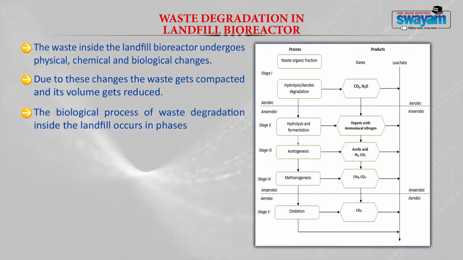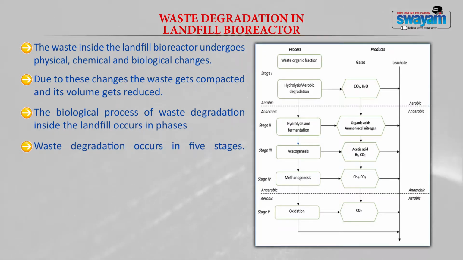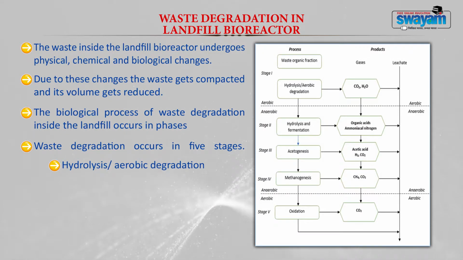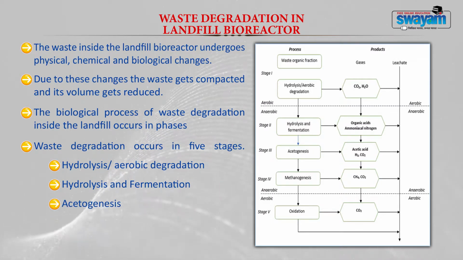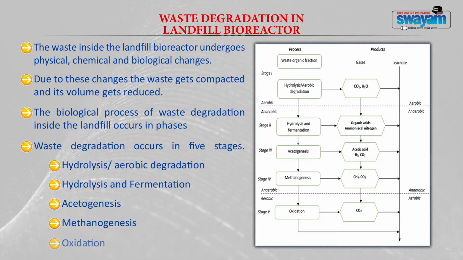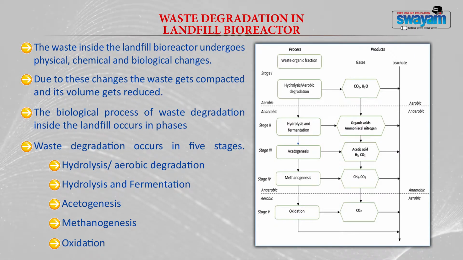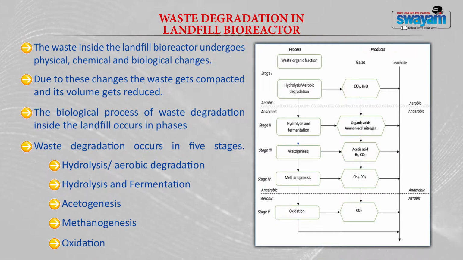Mainly, it is a biological process which plays an important role and converts the waste into gases. The different stages in waste degradation are: stage 1, aerobic degradation; stage 2, hydrolysis and fermentation; stage 3, acetogenesis, followed by methanogenesis; and the last stage is oxidation. You can see different types of bacteria are involved in different phases.